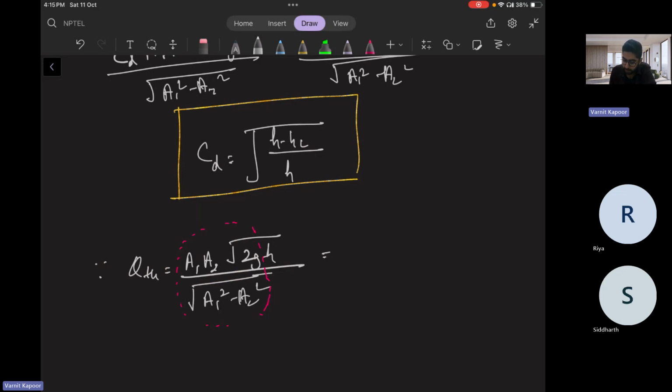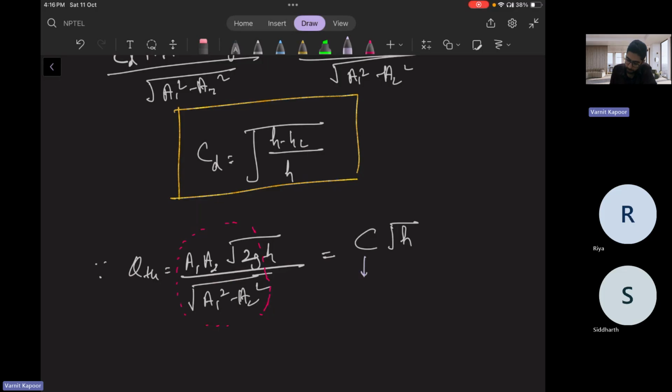This is not your CD. It is Venturi constant into the root of h. If directly the Venturi constant value is given, and no area or anything else is given, the expression will be like this.